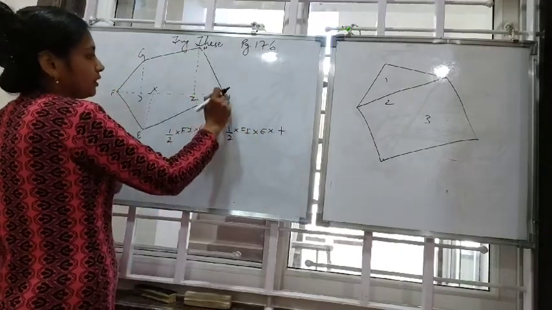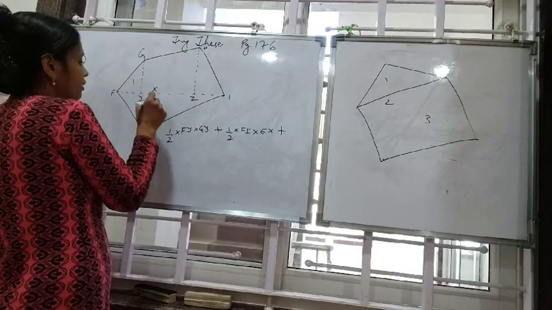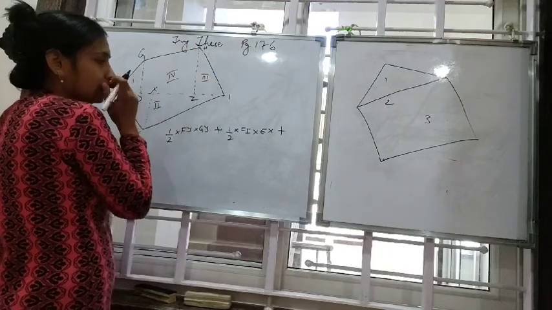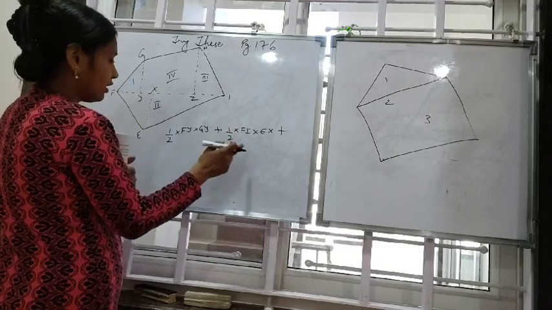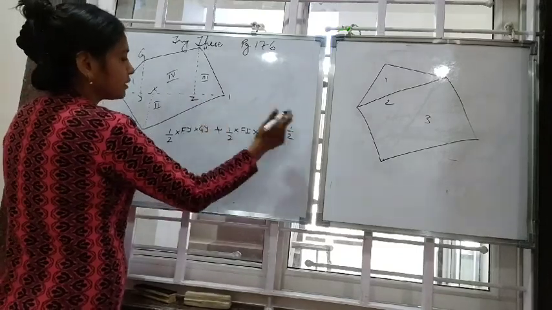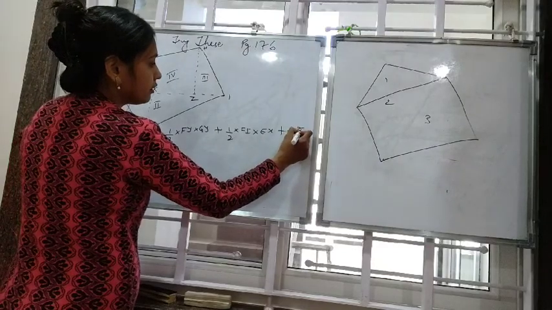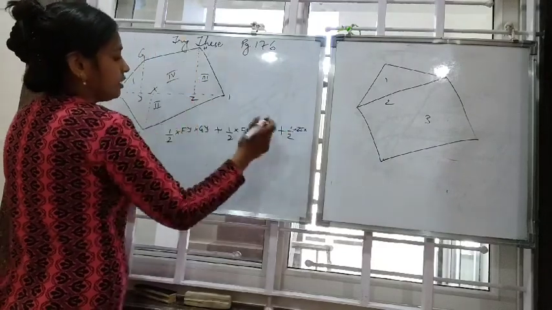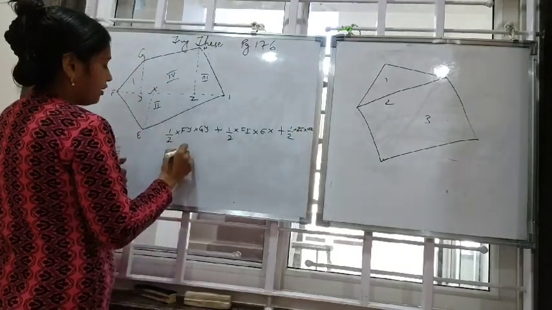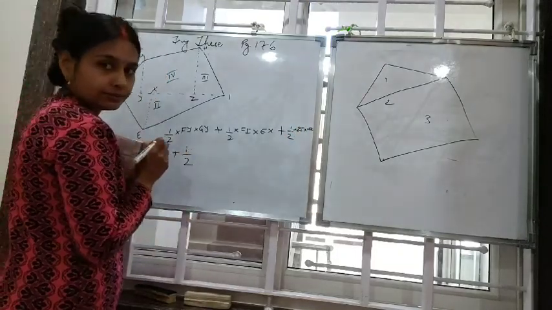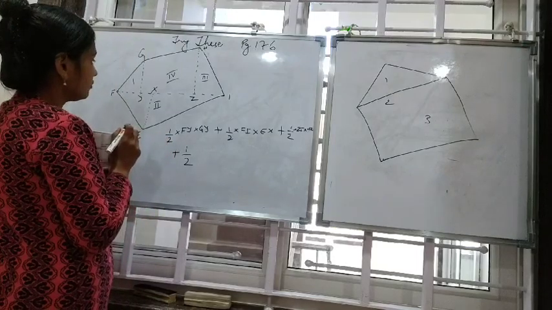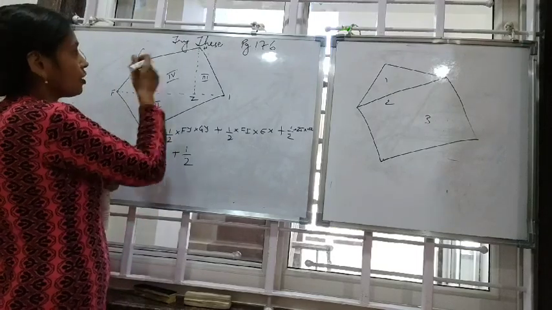Then we take this triangle. This was first, this was second, this is third, and then this becomes fourth. So in the third one, half, what is the base? ZI. And what is the height? HZ. Then half, okay. This is a quadrilateral.